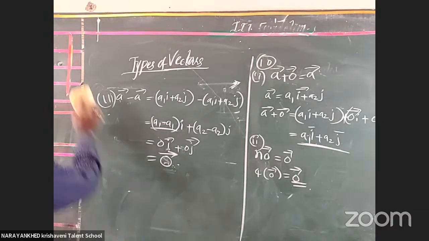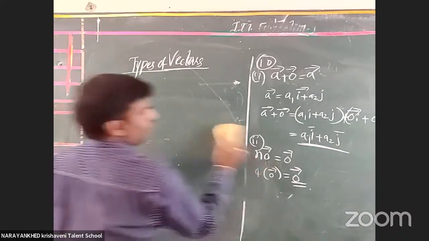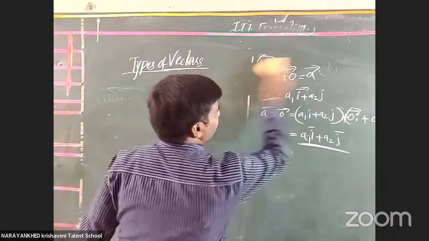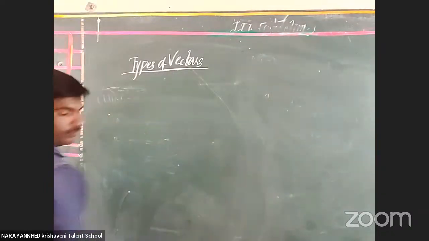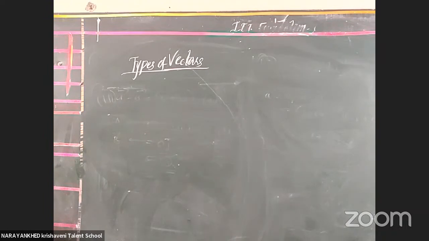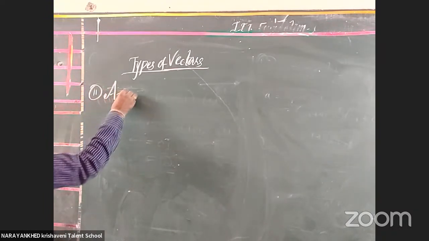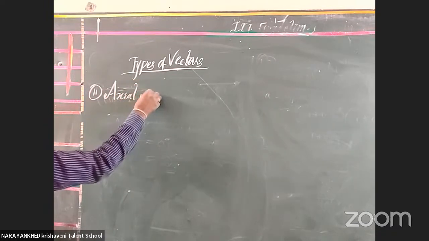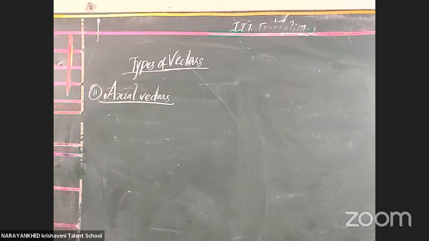Next, axial vectors. The vectors acting along the x, y or z axis.